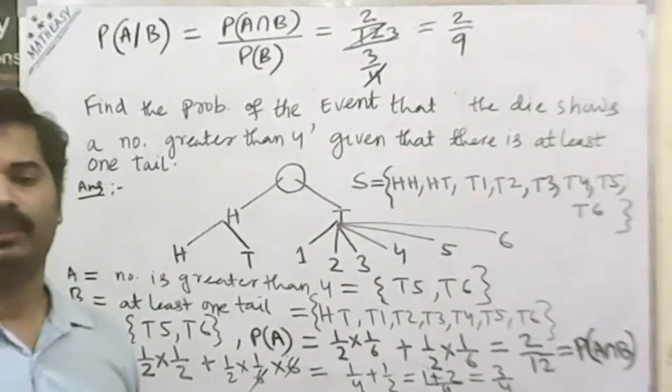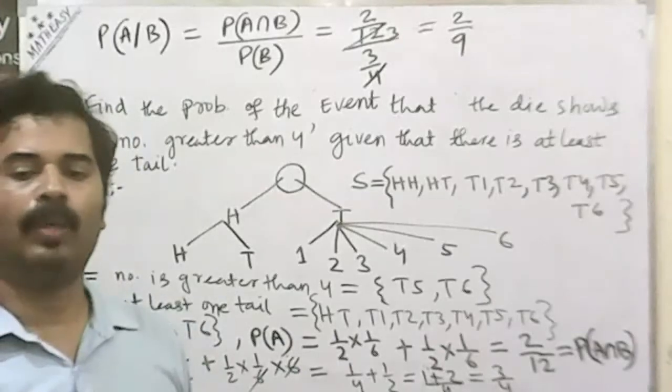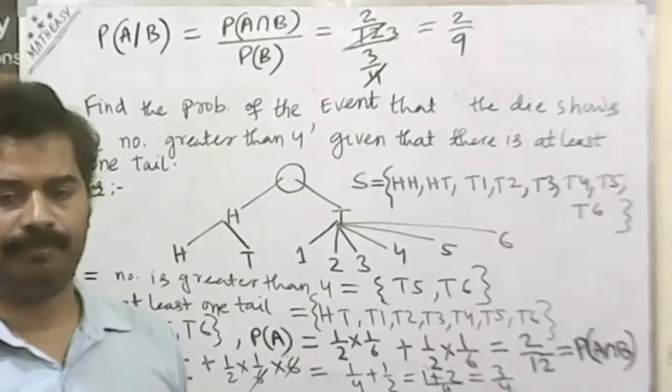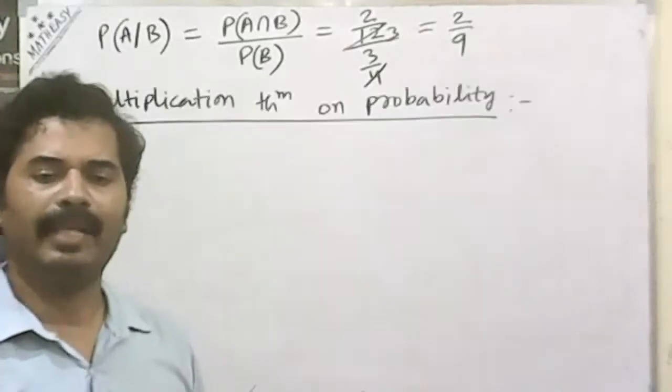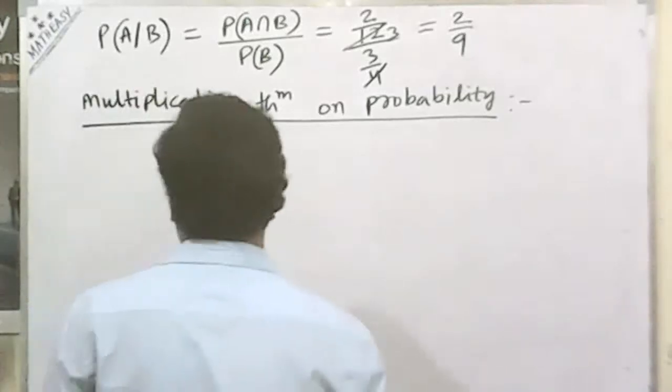Now comes the multiplication rule of probability theorem. Multiplication theorem on probability.